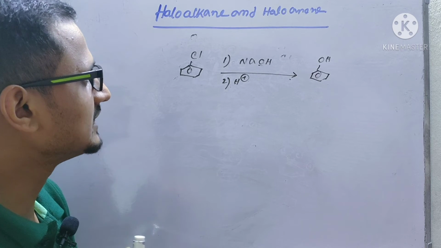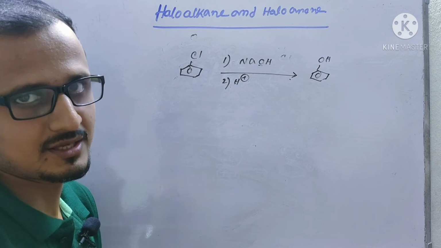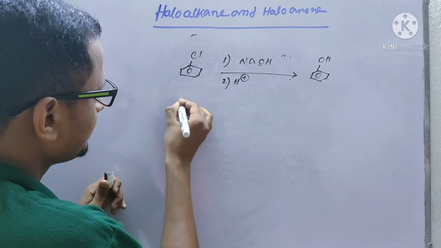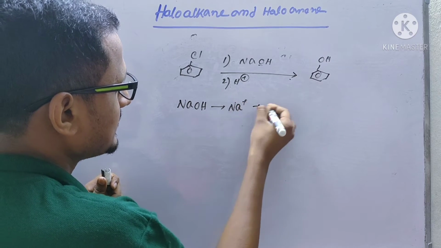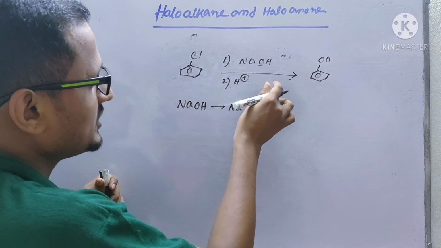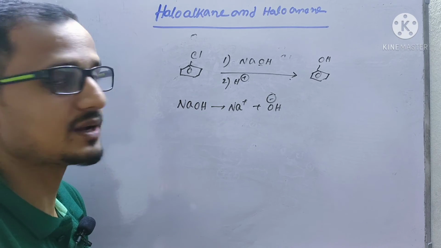But this reaction is nothing but a nucleophilic substitution reaction, because here NaOH will form Na plus and OH minus. That means this OH minus will replace this chlorine, which is a nucleophilic substitution reaction.